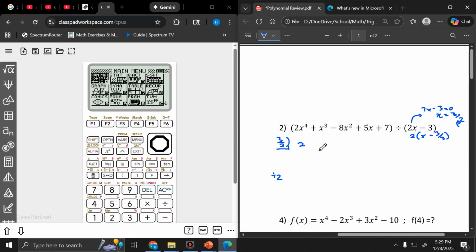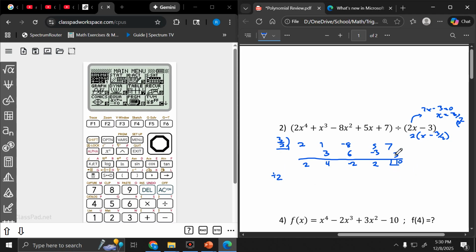So we're going to fill in 2, 1, -8, 5, and 7. We drop the 2, and 3 halves times 2 is 3. Add down. 3 halves times 4 is 6. Add down. 3 halves times -2 is -3. Add down. 3 halves times 2 is 3. Add down. Now, the remainder is inside this house.